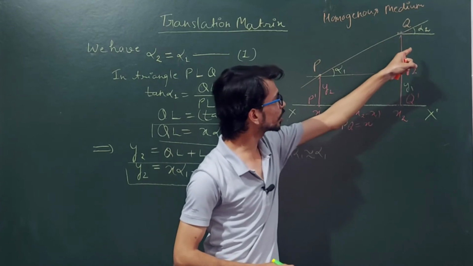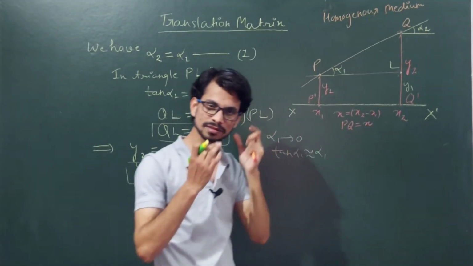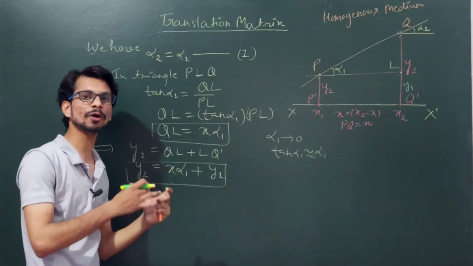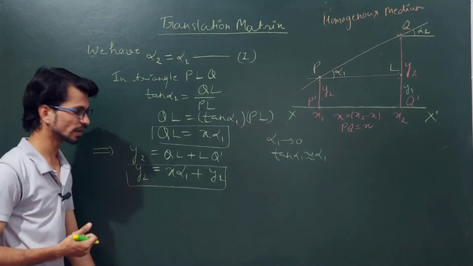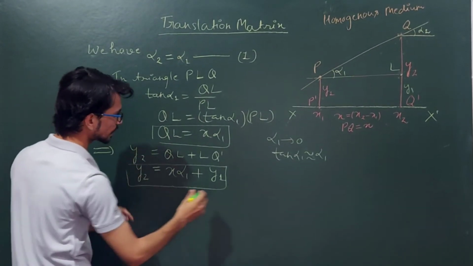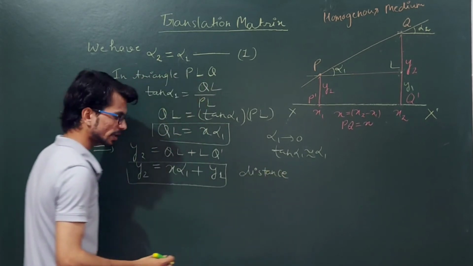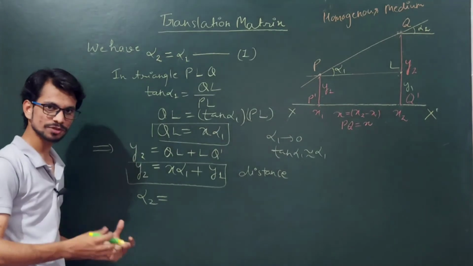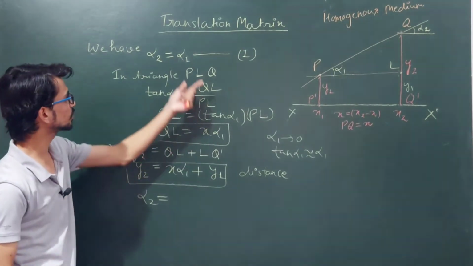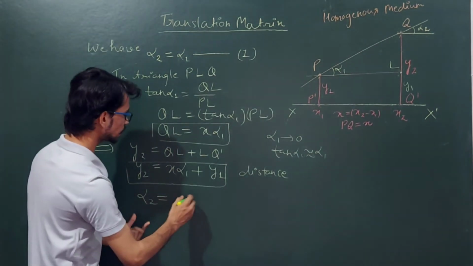And what is the second coordinate of this point Q? This is alpha 2. Because the coordinates of a particular point on the ray are the distance in combination with the angle. So y2 is for distance. And what about the angle? The angle is alpha 2. And what is the equation for alpha 2? Alpha 2 is nothing but equal to alpha 1 from equation number 1. So alpha 2 equals alpha 1.